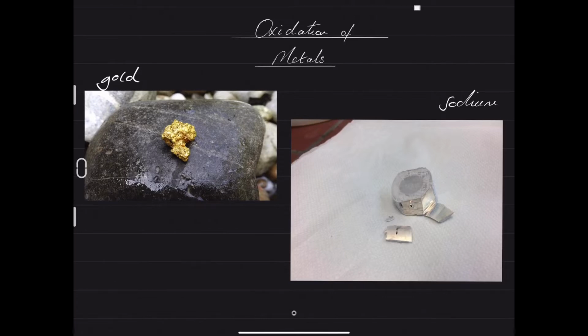So it is not found in an oxidized state. However, with the metal sodium, you can see in the diagram that you've got a freshly cut layer of sodium, and there is a tarnished layer on its surface.